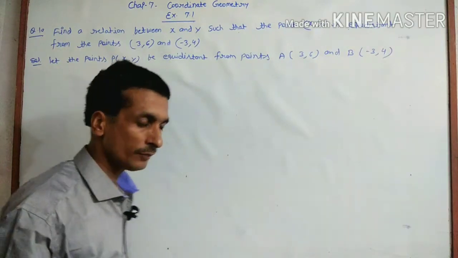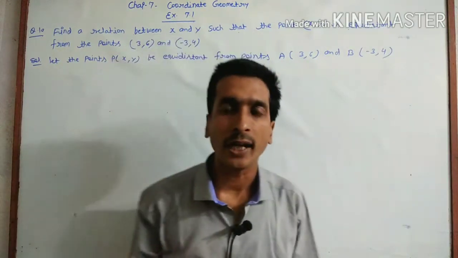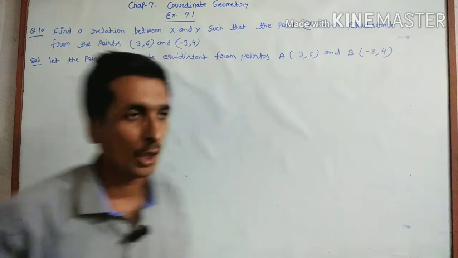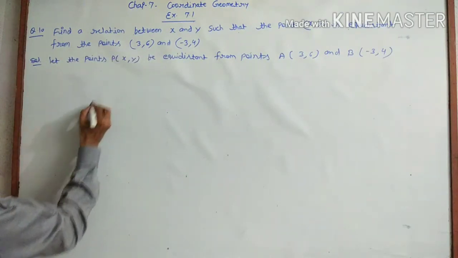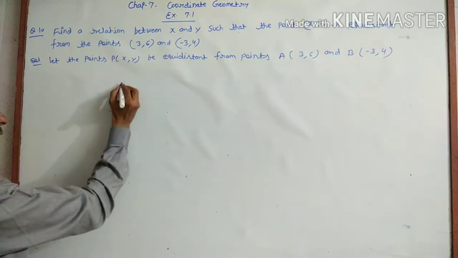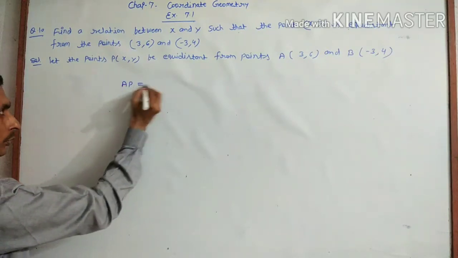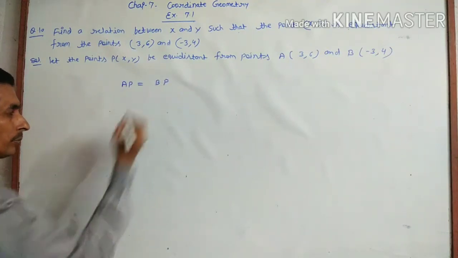In this question we have coordinates and we have to make the relation. So they are equidistant, so you can write AP equal to BP.